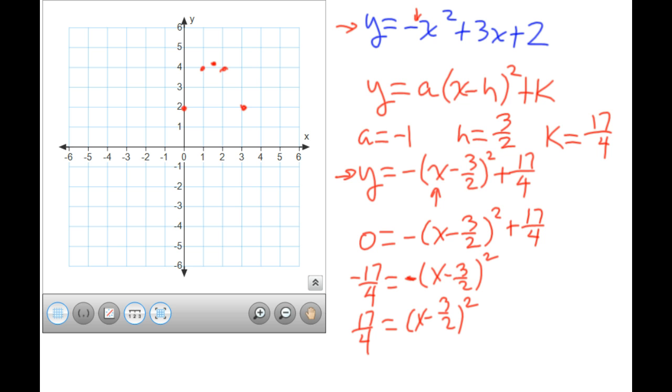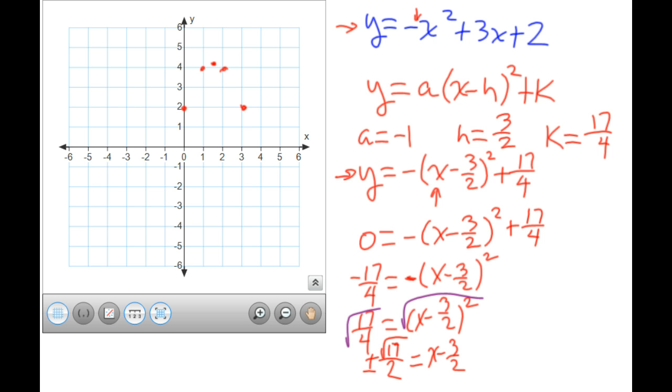Get rid of the square sign by square rooting both sides. That gives me positive and negative square root of 17 over the square root of 4 is 2. And that equals x minus 3/2.